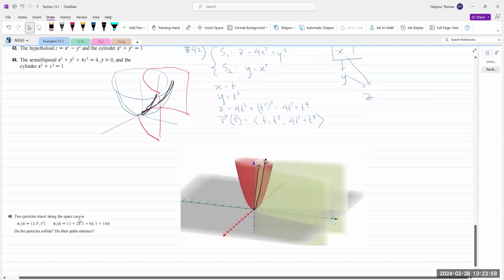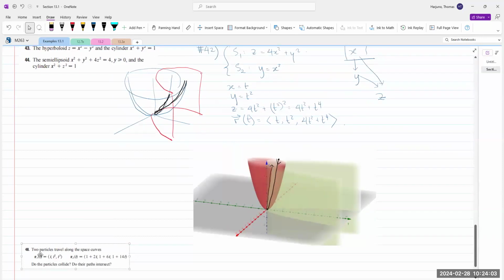Let's see number 44. Move this down. This is a semi-ellipsoid. Why? Because we want y to be positive. So it is an ellipsoid, but it opens to the right. And you have the cylinder x squared plus z squared equals 1.